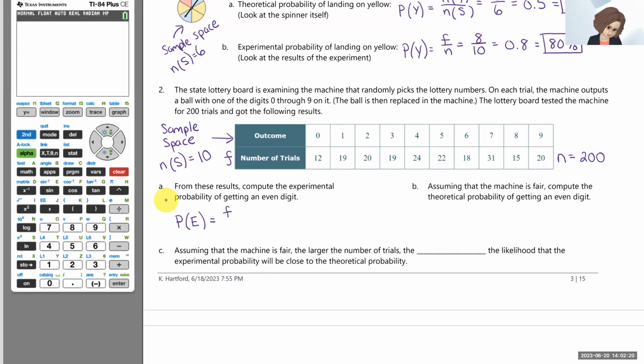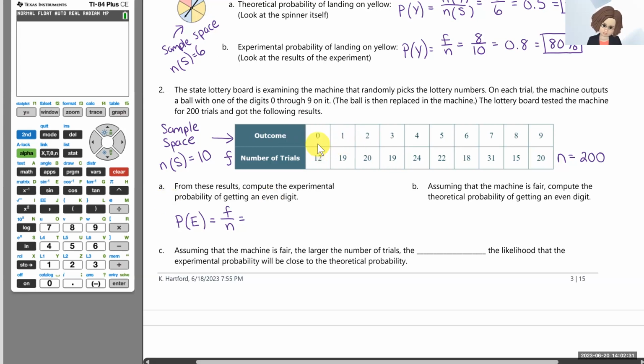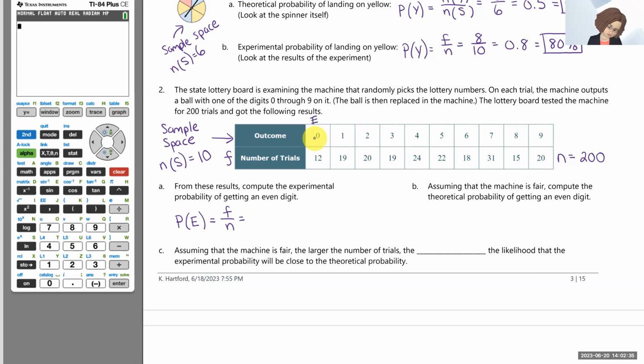So frequency over n. We want to look at all of the times they got an even digit. So the even digits: 0 is an even number. I'm just going to put even here. 0 is even. Of course, 2 is even. 4 is even. 6 is even. 8 is even. So they got 0 12 times.